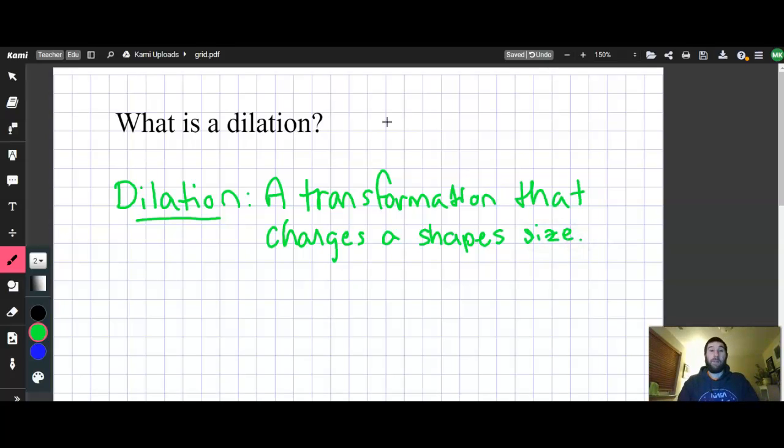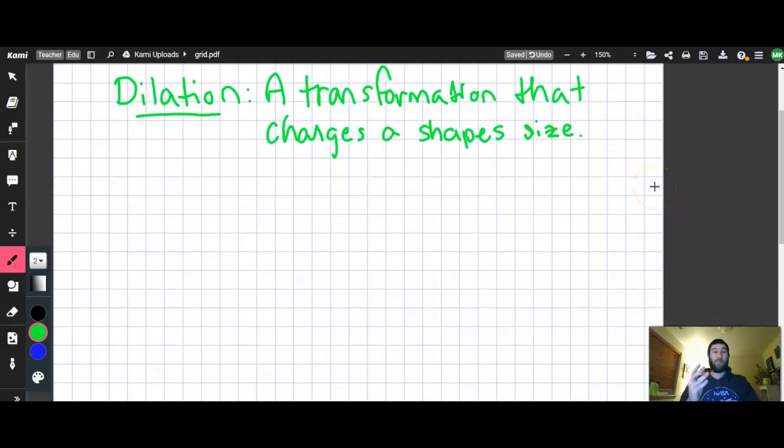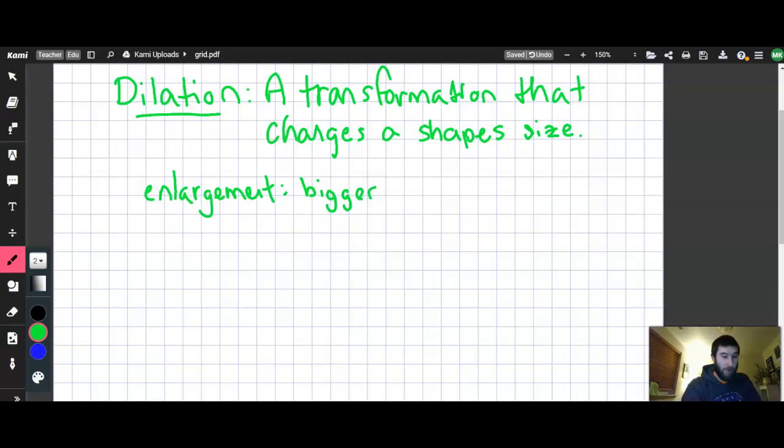And so, the thing that I'm going to remind you guys, in case you didn't already know, is that an enlargement is to increase its size, or bigger. And then a reduction is to decrease its size, otherwise to make it smaller. So, those are some of the basics about the definition of a dilation.